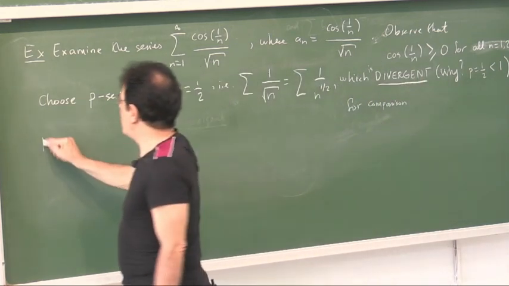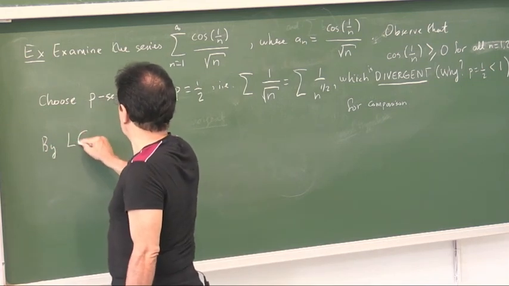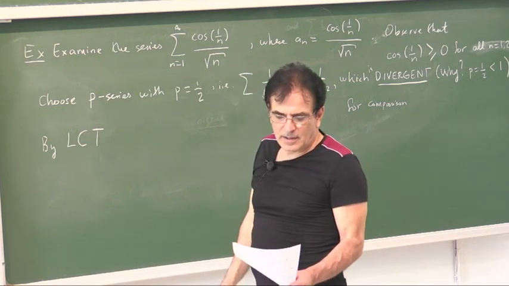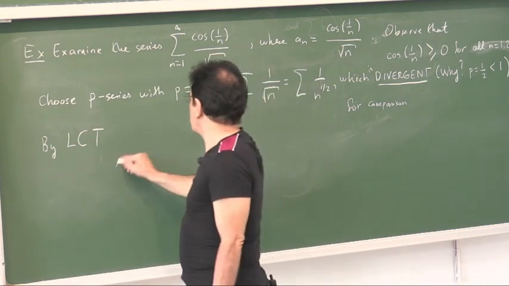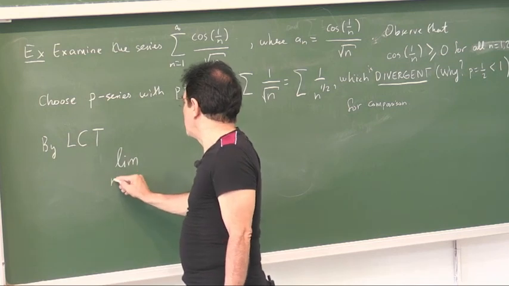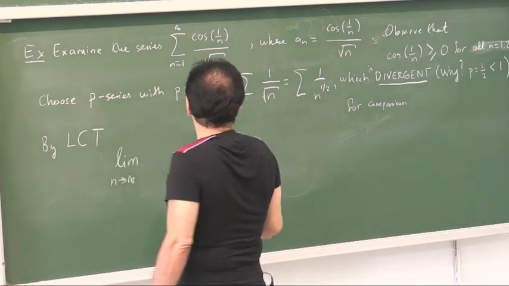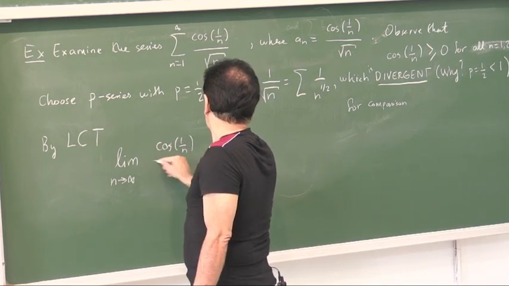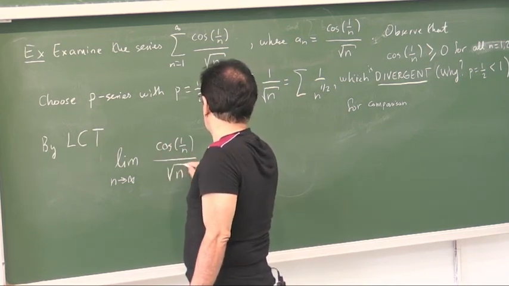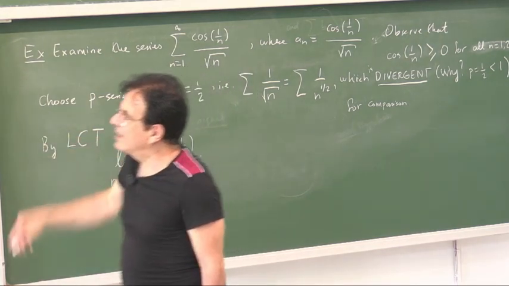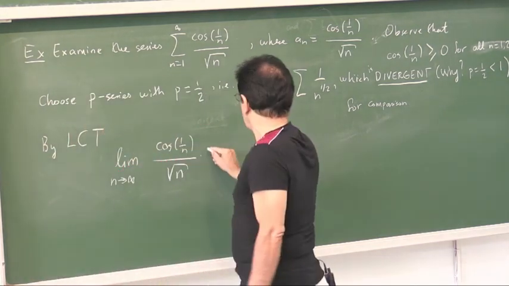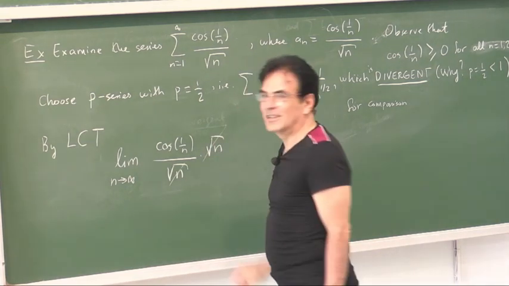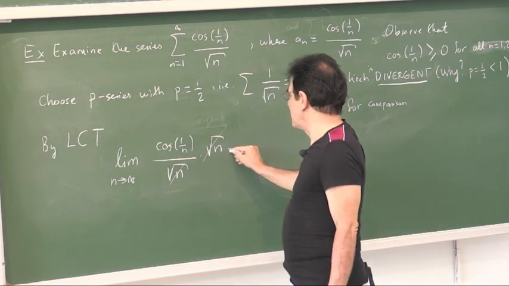So, by the limit comparison test, we have this limit to evaluate as n goes to infinity: an over bn, cosine of 1 over n over radical n. Take the reciprocal of bn, and the radical n terms cancel each other out. What is this limit?